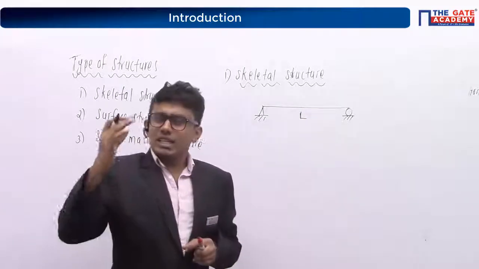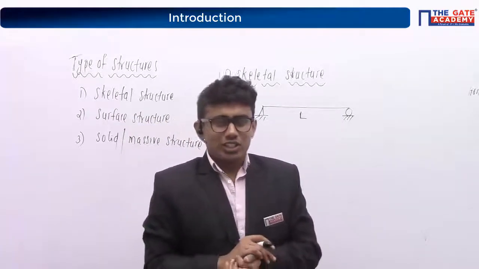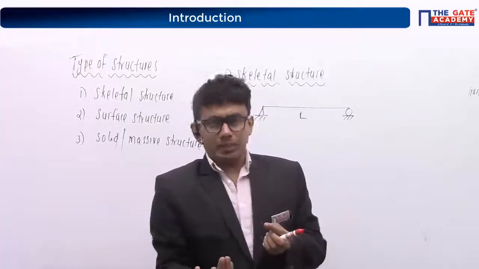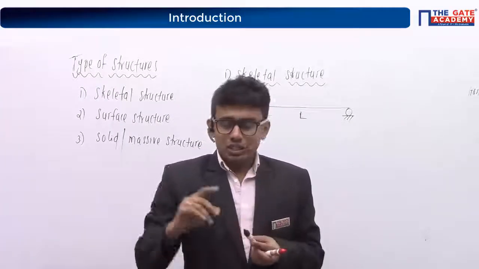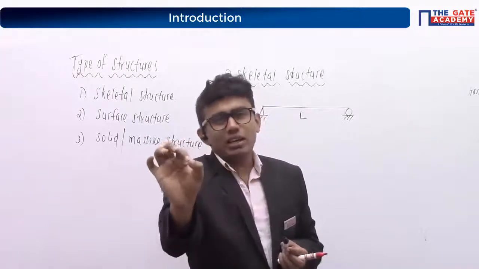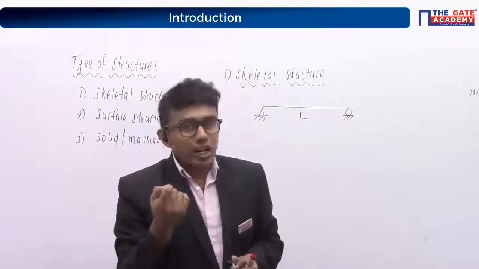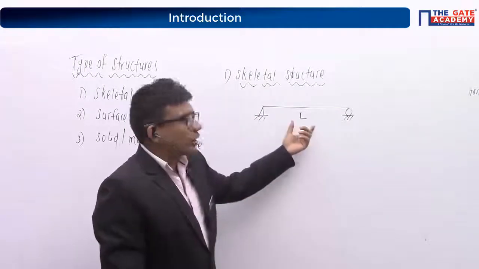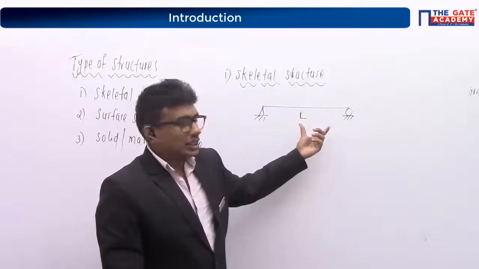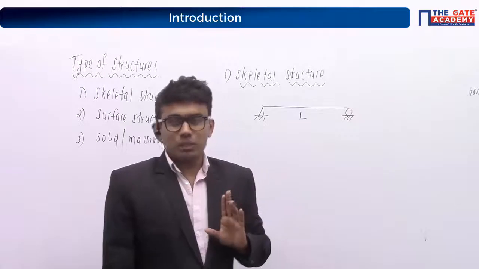But in the real case, a beam is actually a 3-dimensional structure where you will have length, breadth and height. You will have depth, breadth and length for a beam. Correct? But when I told you to draw a beam, which dimension did you consider? You considered only one dimension, that is the length of the beam.